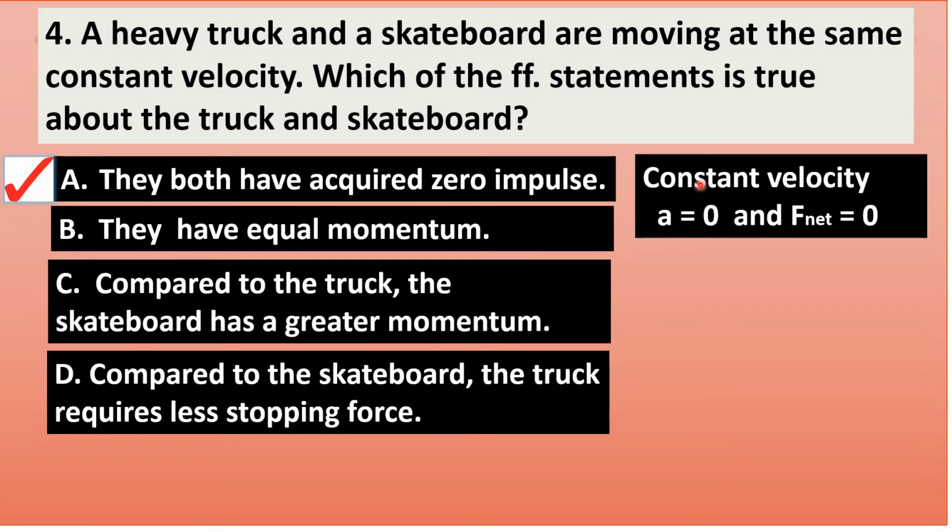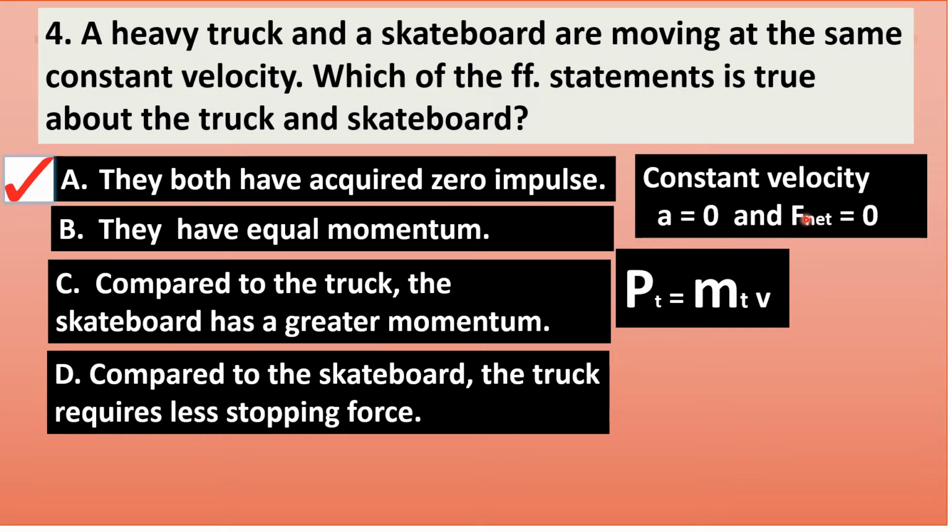Okay, so given this situation, do we say that the two bodies have equal momentum? Let's recall again the meaning of momentum. The product of the mass times the velocity. So this equation applies to the heavy truck.